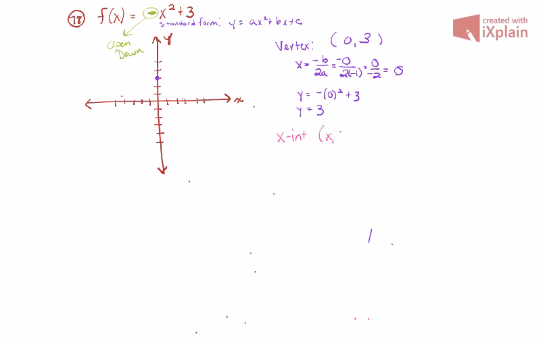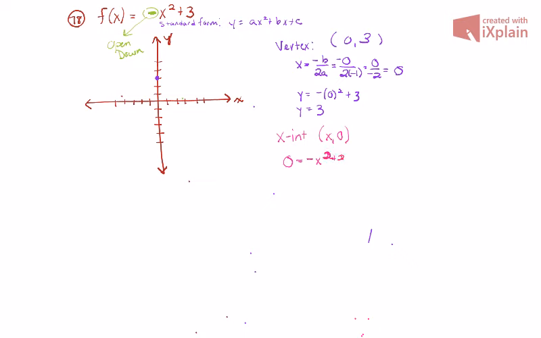Again, recall that the basic structure of an x-intercept is where your y value is going to be 0. That's because that is where your graph is going to cross or touch the x-axis, and the x-axis is laying right on top of the tick mark where y is 0. So we'll put 0 in for y.